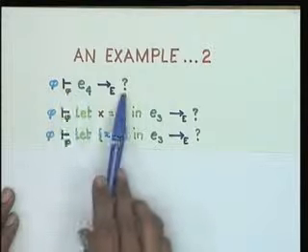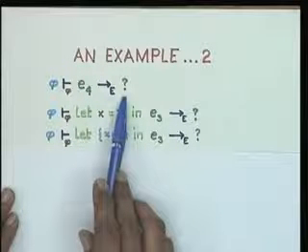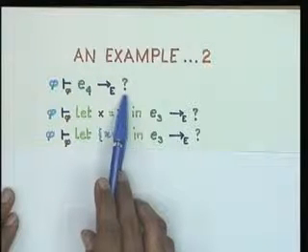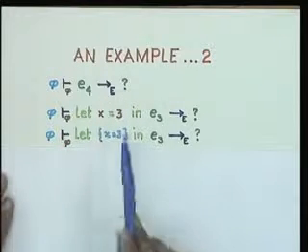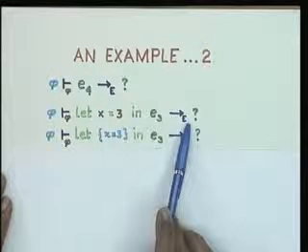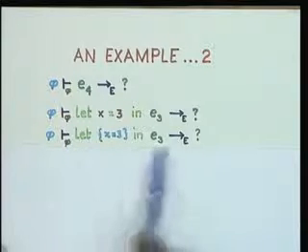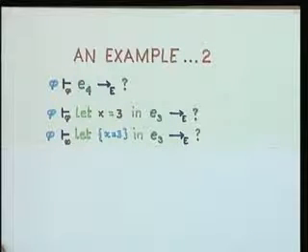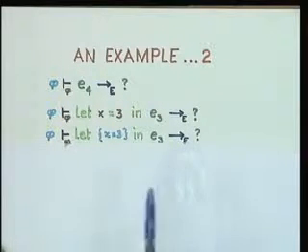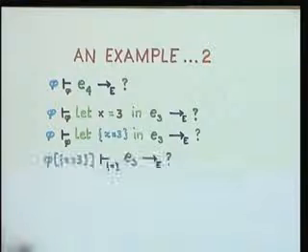I can prove that this goes to the value 11, provided I can prove that this goes to the value 11 by an application of some of these rules. Similarly, I can prove this goes to the value 11, provided I can prove that, and so on.